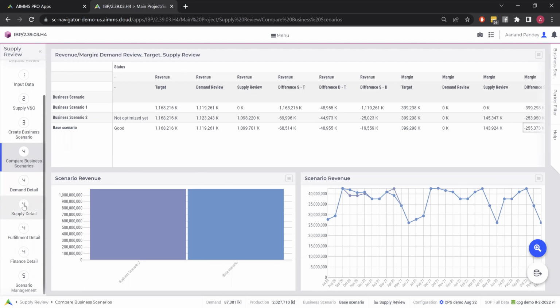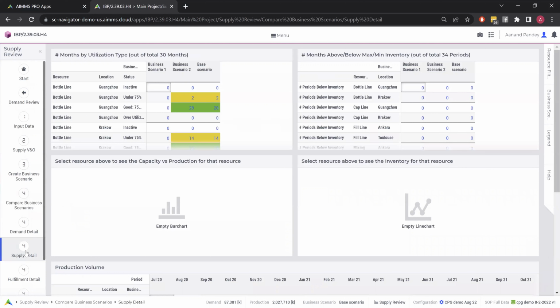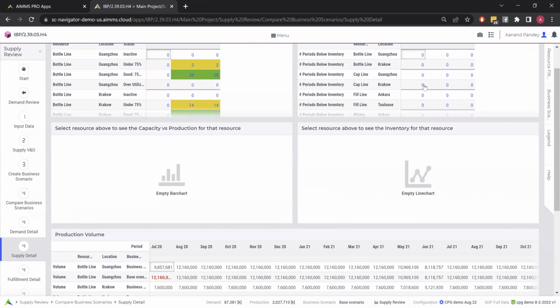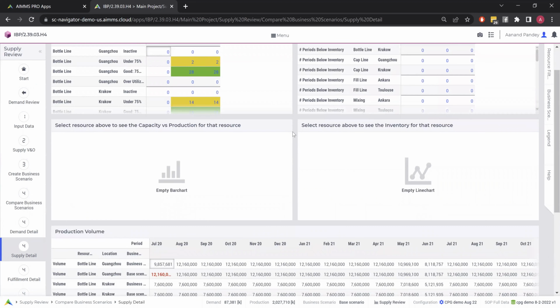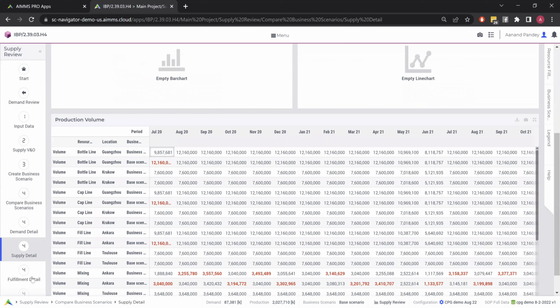Once you have multiple scenarios compared side by side, you can compare them on the demand level, so how much fulfillment we are achieving, or from a supply perspective. In each of these different scenarios, how are our different lines and locations being utilized? How much inventory do we have at the various lines in different months? Production volume changes between different scenarios, and so on.